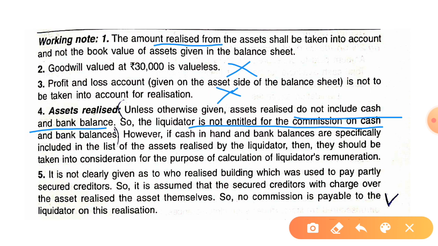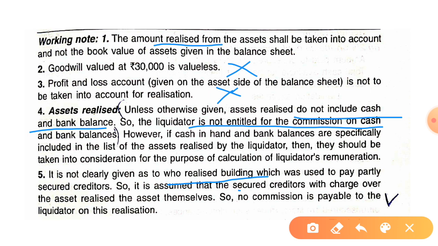It is not clearly given as to who realized building. So usually if liquidator realizes the building, he will get the commission on that. Okay, but in this problem they haven't given who has realized the building. So it is assumed that secured creditors with the charge over the asset realize themselves.